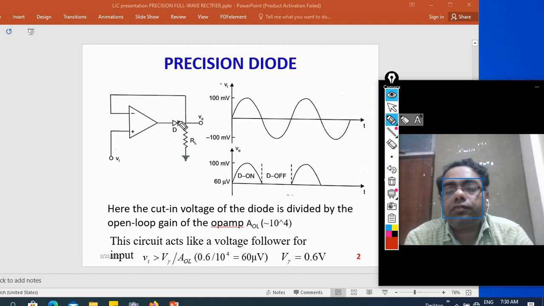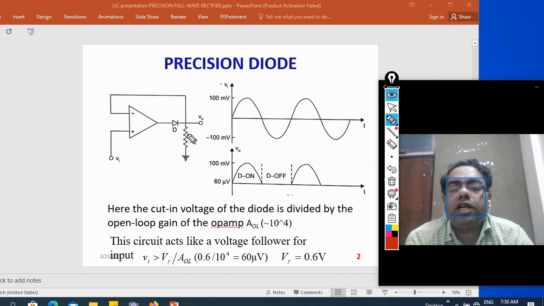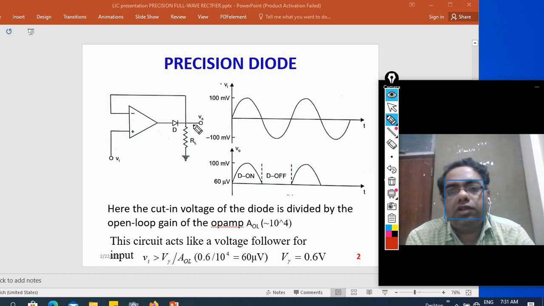in an ordinary diode, only if the input signal is greater than the cut-in voltage will the diode conduct. Means the diode may be forward biased, but the minimum voltage that we have to apply is the cut-in voltage, below which the diode will not conduct even if it is forward biased.